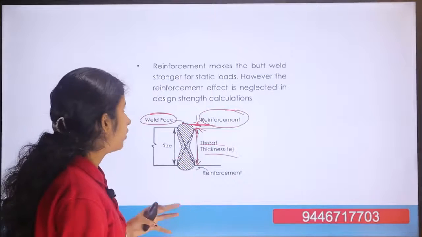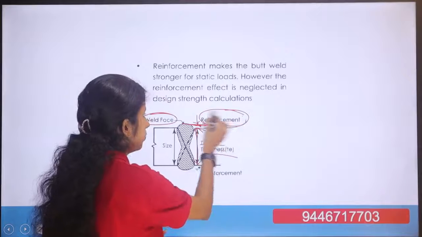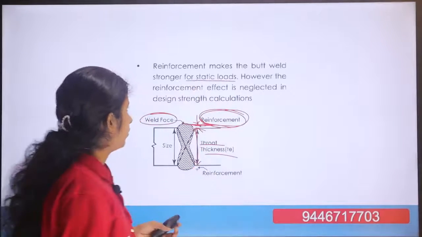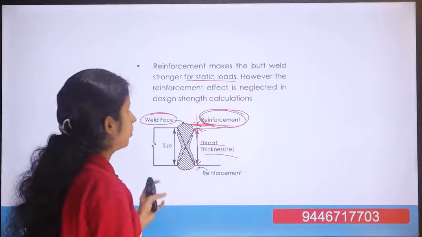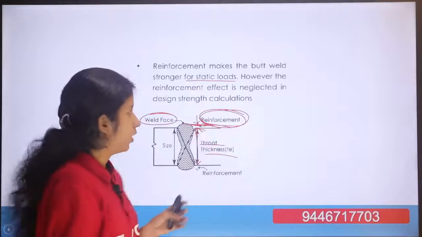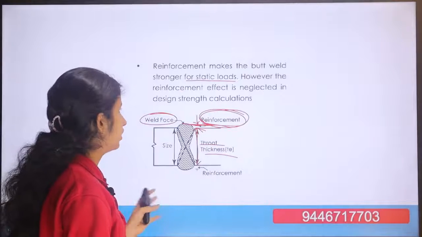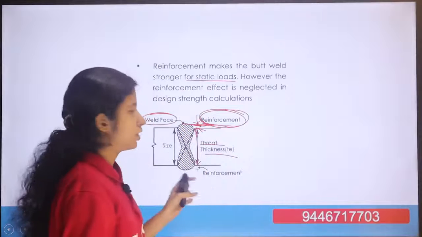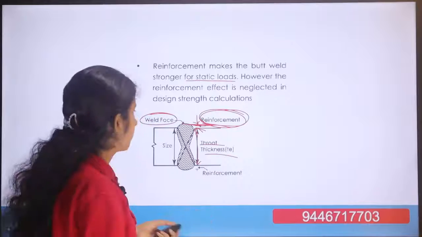Reinforcement makes the butt weld stronger for static loads, so it can take static loads. However, the effect of reinforcement is neglected in the design strength calculation, so we do not use the reinforcement part in the calculation.